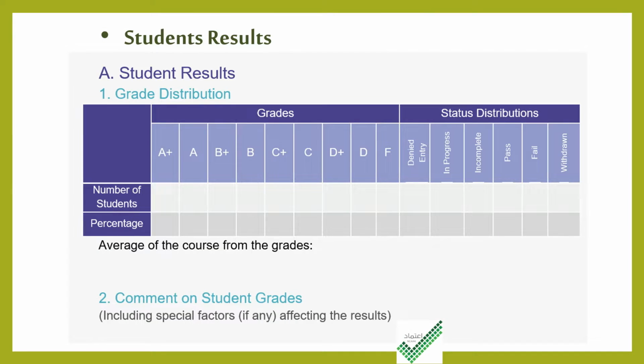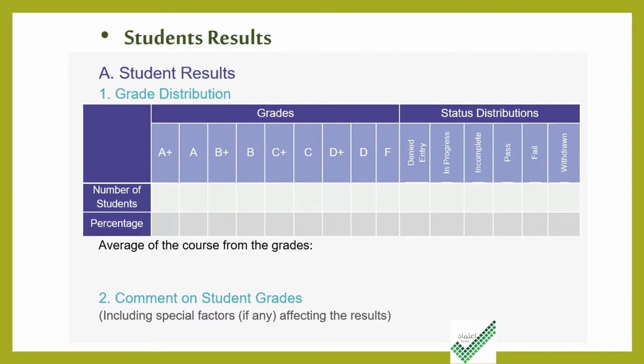Now, if we talk about the four topics that remained in the new form, we have student results. This table is the same as in the old form, which is about the distribution of grades over A, B, C, and D. Also, the distribution of status of students: denied, in progress, incomplete, pass, fail, withdrawn, and so on.